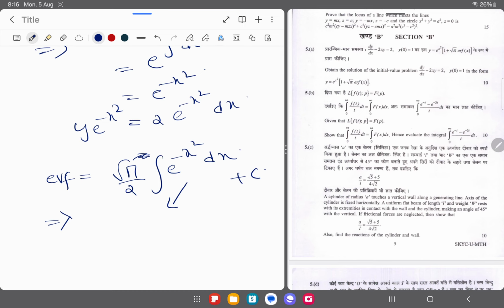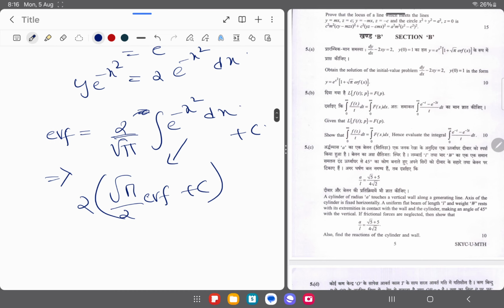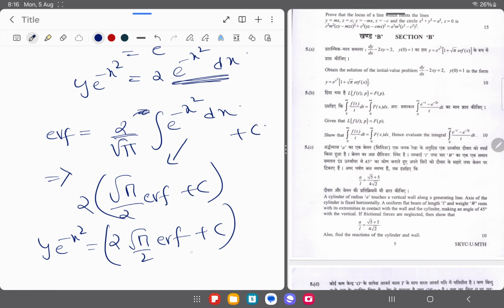So this one will be 2 by root pi, right? So this one will be root pi by 2 error function of x plus c, right, into 2, this value. So y e power minus x square is equal to 2 root pi by 2 error function of x plus c.